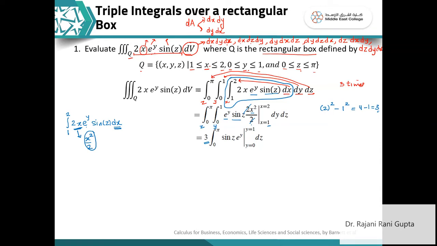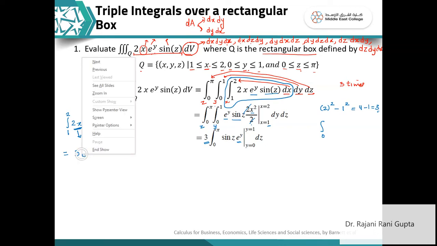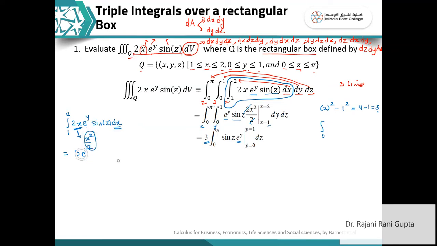Okay, so we get the constant 3 and we put it over here. Now the second integral is already set up. What is the second integral? It is from 0 to 1. Let's write it over here. The final answer for the first integral becomes 3 e^y sin z.